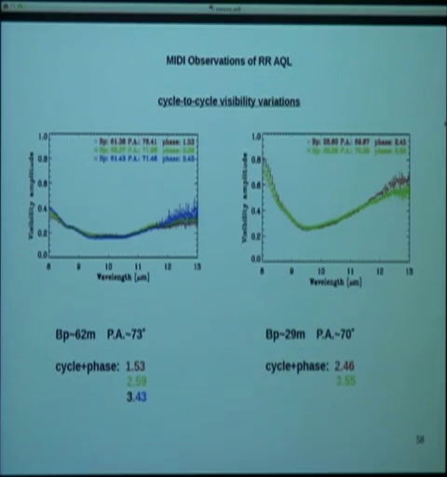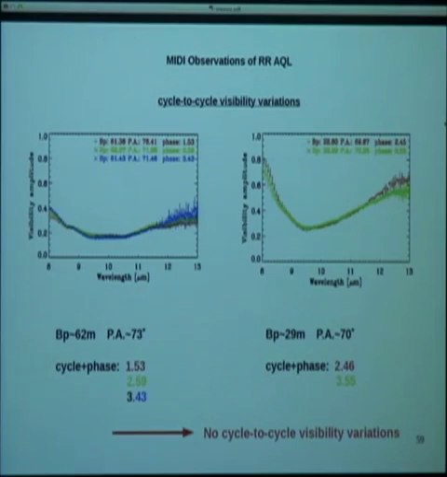Again, the comparison is as in the previous plot, and you can see the error bars are very small, and this is a standard deviation between different observations, and the plots are lying really on top of each other. And this is a comparison between observations at the middle, the minimum phase of different cycles: cycle 1, cycle 2, and cycle 3. And again, we do not see any cycle-to-cycle visibility variation.